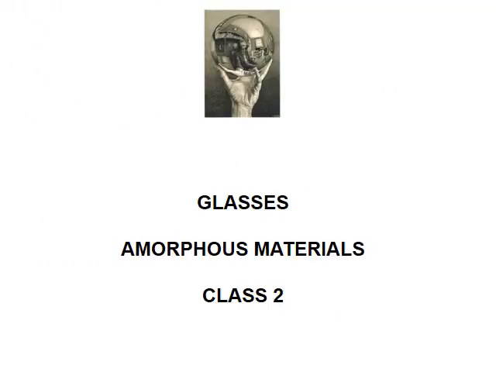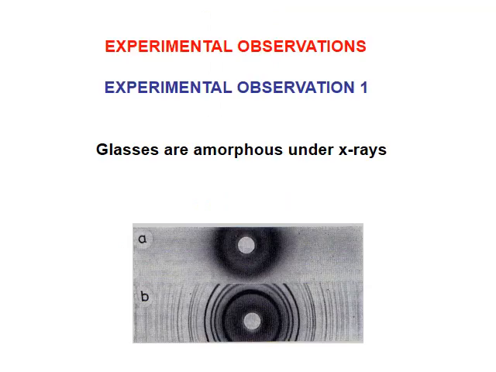So let's come back to the real world. Let's then talk about glasses as amorphous materials. Let's try to define glasses upon some experimental observations. Do you recognize this figure? Let's make here our first question of the quiz number 2. What is this? What are these circles? Those of you with ages under 30 will never recognize this.